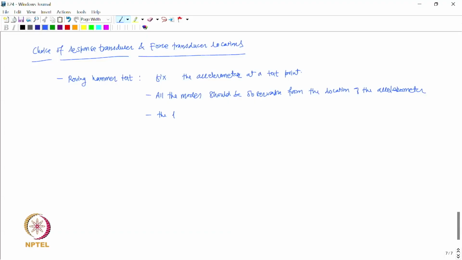Therefore the location should not coincide with any of the nodes of any of the modes.